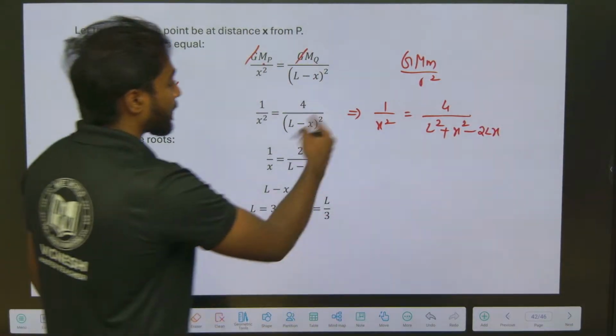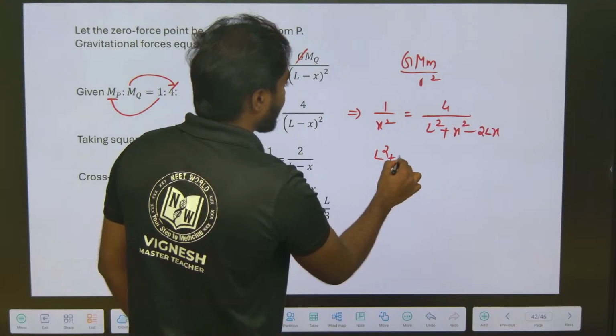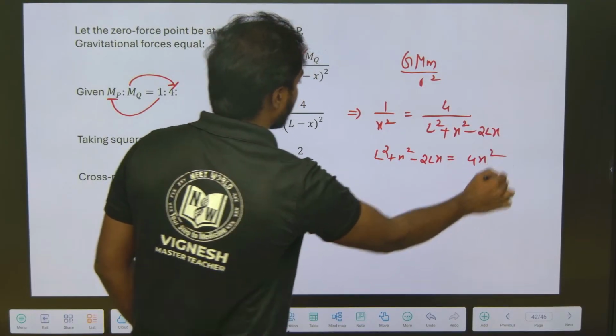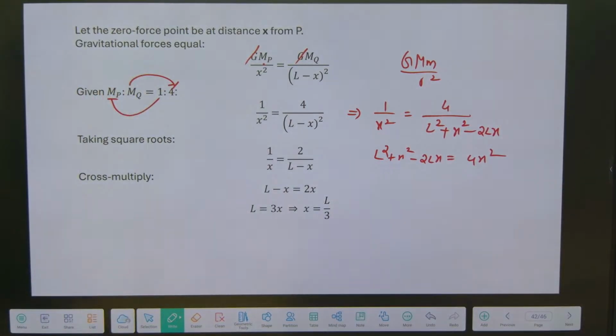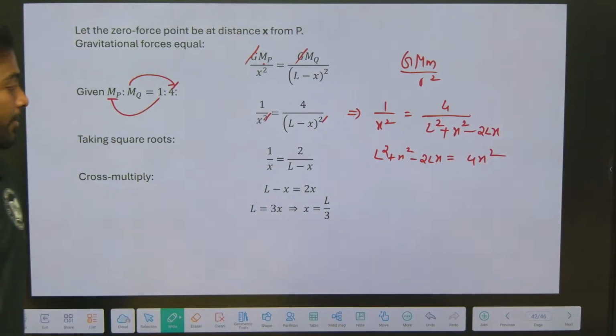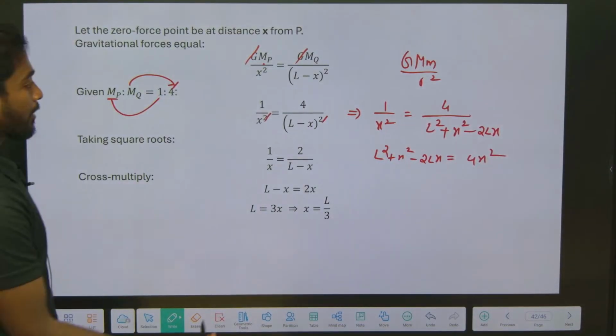Cross multiply: L square plus x square minus 2Lx equals 4x square. Either I can do this expansion, or else the 2 and 2 get cancelled off easily, directly.